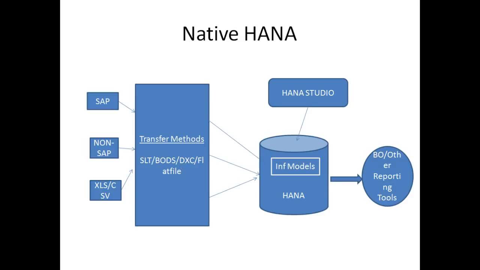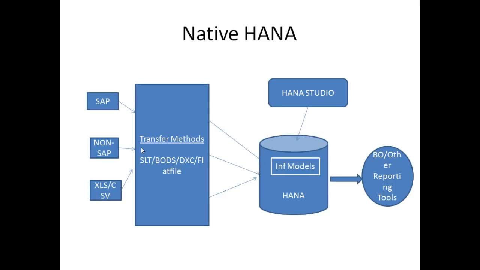And then we have DXC, the Direct Extractor Connection, which is nothing but, in SAP, we have SAP delivered data sources, which are a replica of the database tables. So it's basically a structure where you can transfer data from SAP ECC to BW.